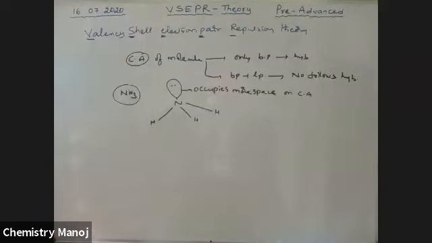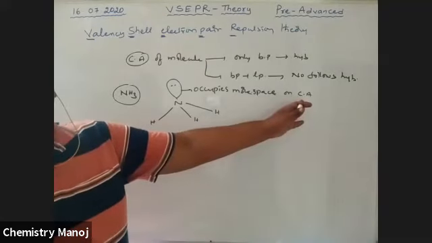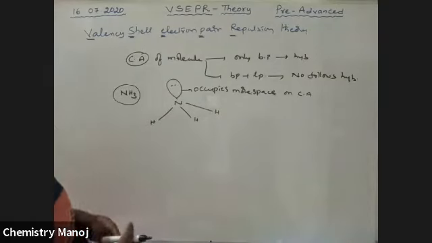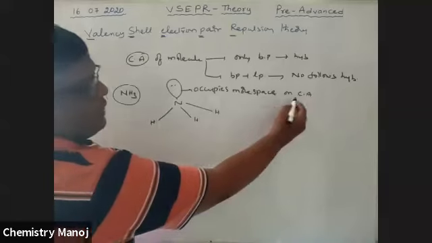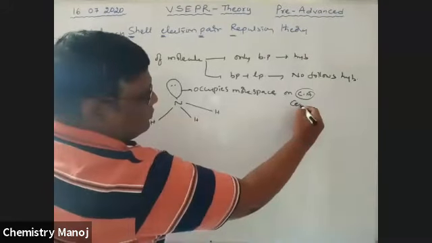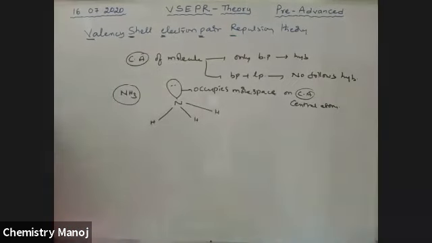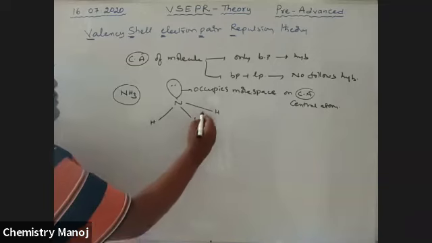CA means central atom. Number of times I am repeating, CA, central atom. So the lone pair occupies more space on the central atom. Bond pairs occupy less space.